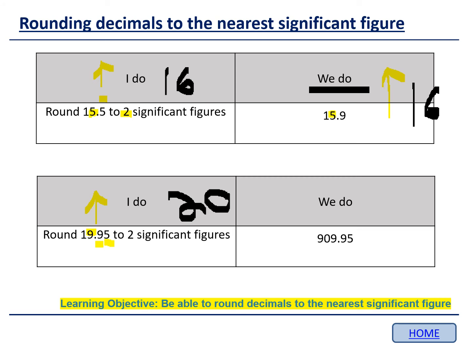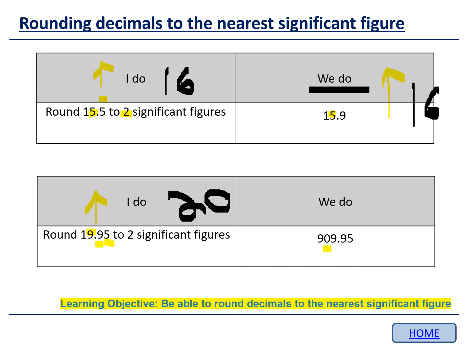We do now have 909.95. Which one is the second significant figure on this occasion? If you knew it was here under the 0, well done. So again, let's look down the line here.